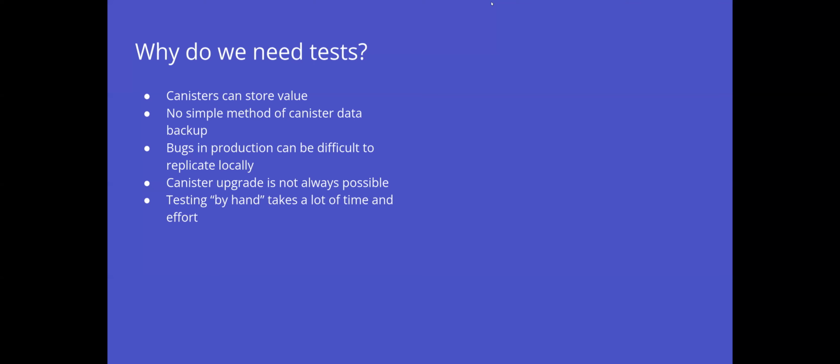And since now we do not have any simple way of backing up the canister and all of its data locally, we need to make sure beforehand that the canister we have created, the code we have created, is bug-free. Well, let's say as bug-free as possible. It's not really possible to make completely bug-free code.